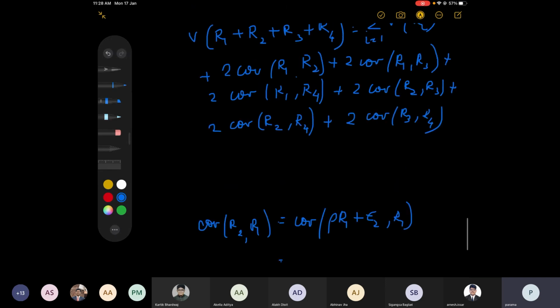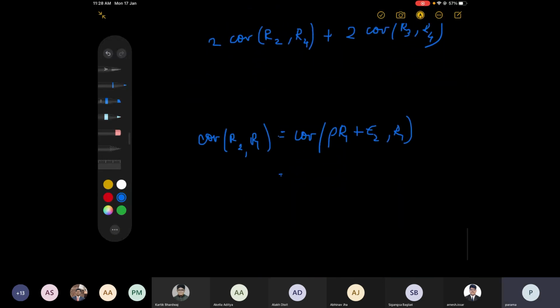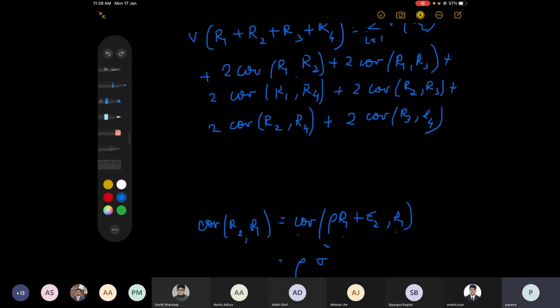Rho we are assuming is a constant in this equation, so it will come out. So we will have rho into covariance between R1 and R1, which would be sigma square, plus covariance between epsilon 2 and R1, but we have assumed they are uncorrelated. So we will not have this. So covariance between R2 and R1 can be replaced as rho sigma square.